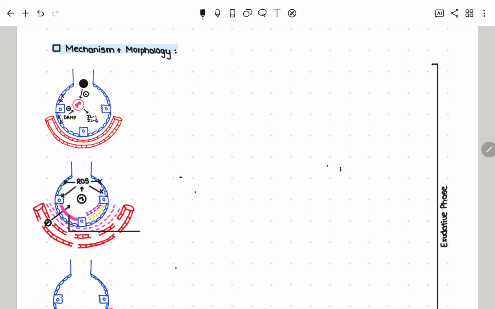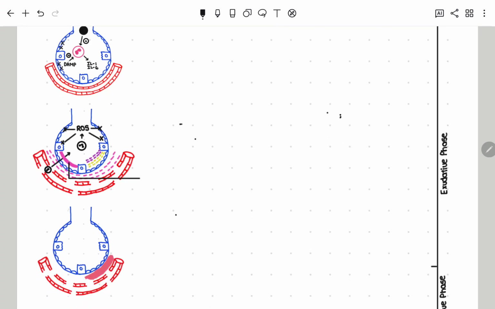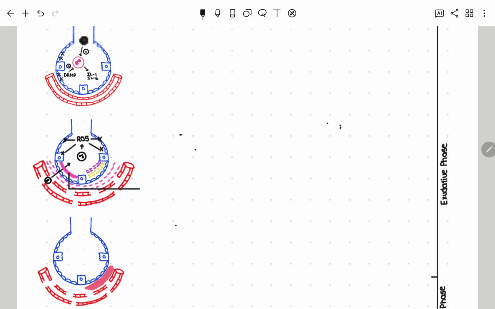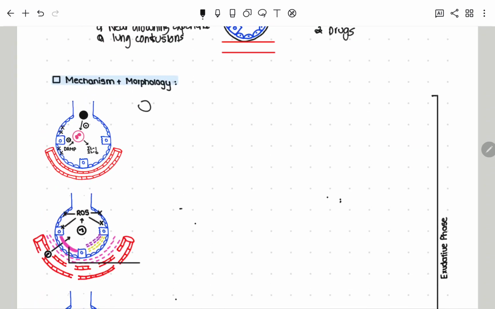Then the next thing now we need to talk about is the entire pathophysiology, the mechanism, and the morphological changes that take place. So we're going to divide this into two phases. The first phase is the exudative phase, and the second phase is the proliferative phase. So within the exudative phase, the first thing that happens is that you have your noxious agent.